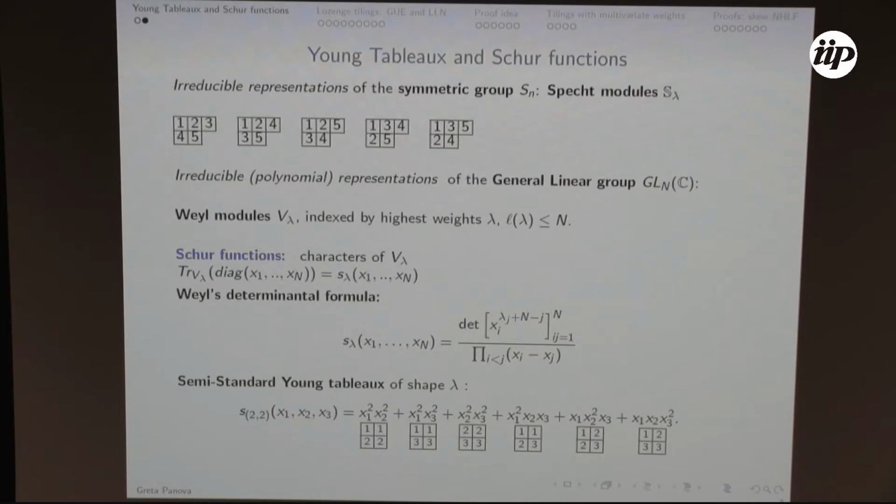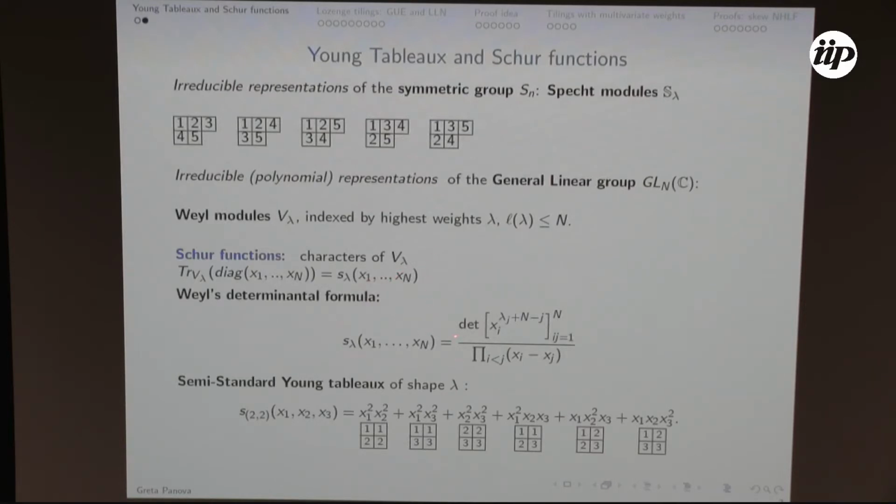And again, we have some algebraic combinatorics here in the study of symmetric functions. Where do the symmetric functions come from? For example, they come from the characters of the irreducible Weyl modules for the general linear group. If we have a matrix with eigenvalues x1 up to xn, then the character of the corresponding representation is this Schur function s_lambda evaluated at x1 up to xn.